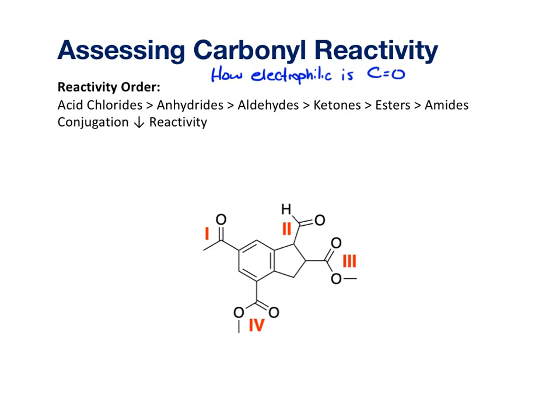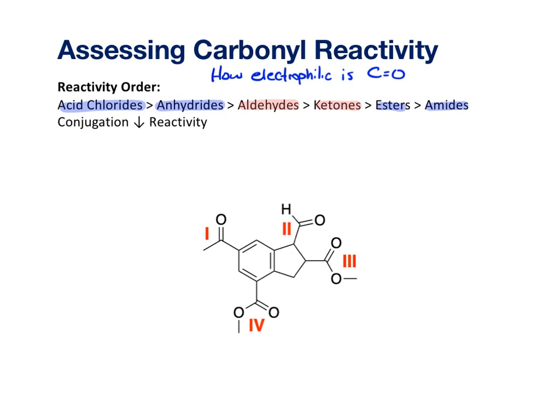The most reactive are going to be the acid chlorides and the anhydrides. Then aldehydes are a bit more reactive than ketones, but still not as reactive as the acid chlorides and anhydrides. Then you have the ketones, and then we're back to carboxylic acid derivatives, esters, and amides, which are the least reactive.